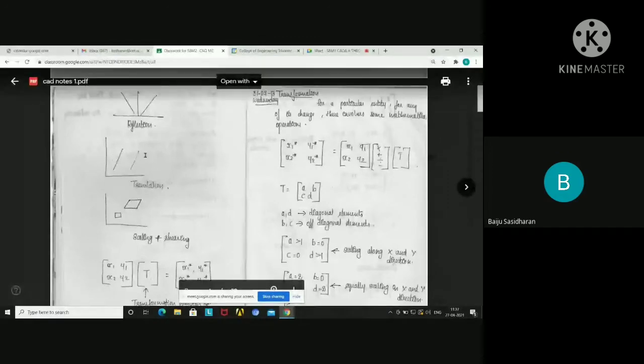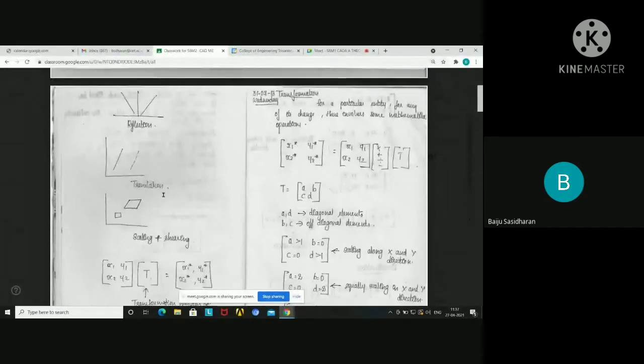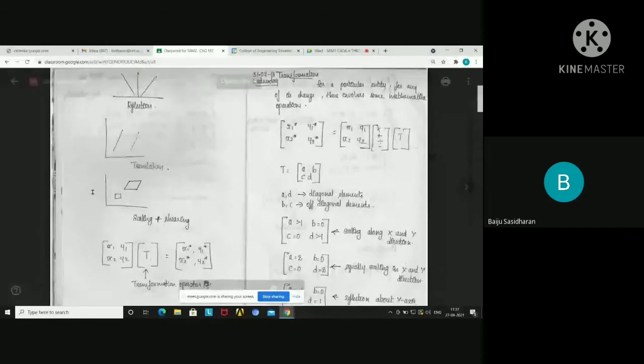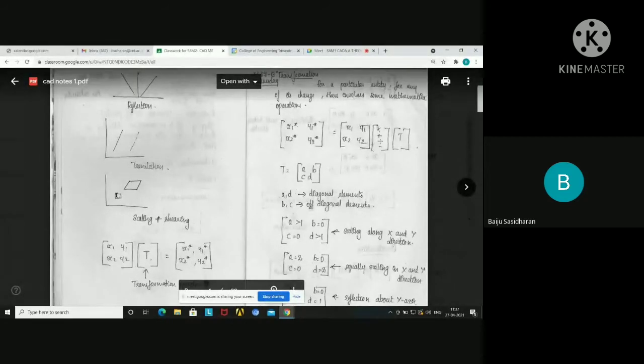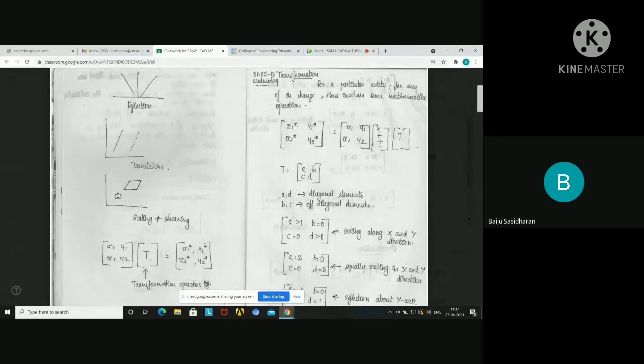Okay. And regarding this figure, here a small square is here, and after the transformation, the net effect is somewhat like this. So it is a scaling and shearing effect.